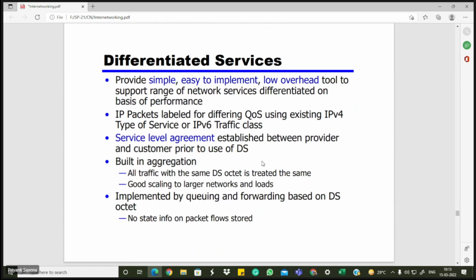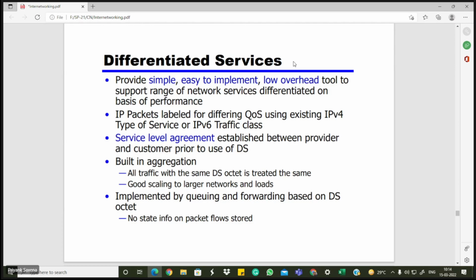Now coming to differentiated services. As I told you in the previous class, ISA has become obsolete recently, because ISA was limited. As you know, in case of ISA, these soft states are to be maintained at each router, and to be refreshed regularly, otherwise this information will be lost. So in an internet which is very vast, maintaining such information is very difficult.